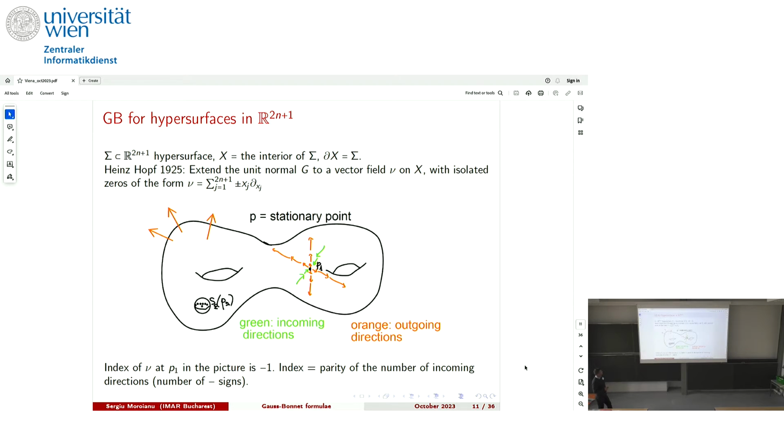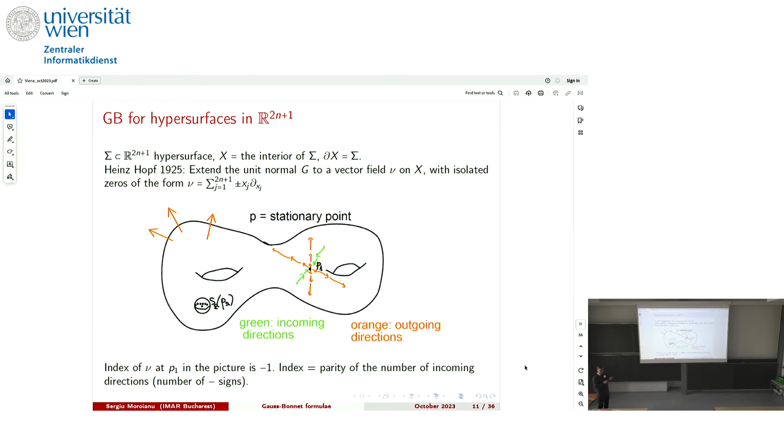And the way to link this to the Euler characteristic is by extending this vector field, defined only on the boundary, to the interior, as a vector field with isolated zeros. And you ask the zeros to be of a special type, which is always possible by deformation.